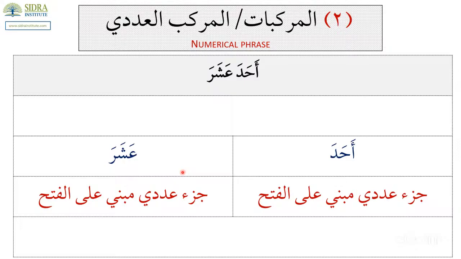They will be indeclinable except for number 12, ithna ashara, because in the state of raf, the nominative case, it will be ithna ashara, and in the accusative and genitive case, in the state of nasb and jar, it'll be ithnay ashara. So we will say this is murakkabun adadiyun, numerical construct or phrase, and it just means 11. So we can see this is not a complete sentence.